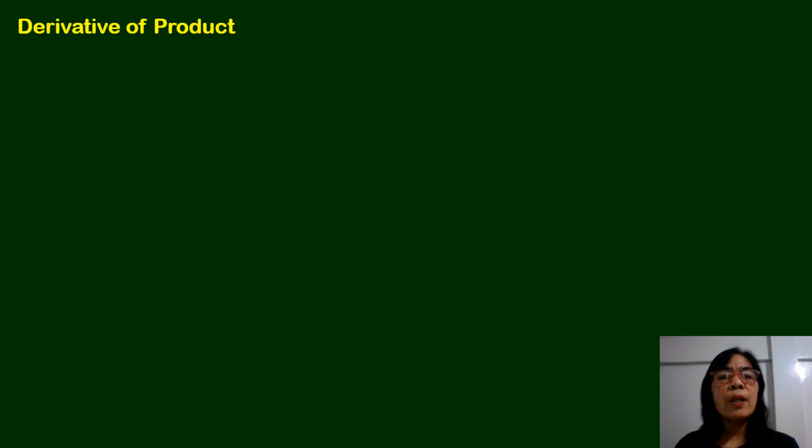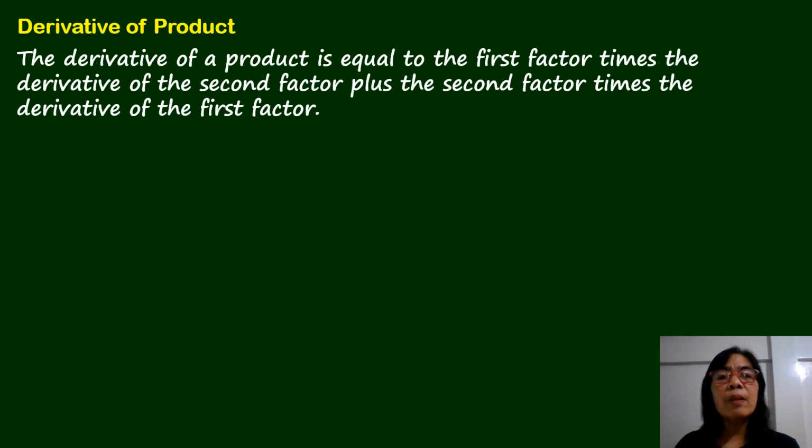The next formula is the derivative of product. When we say product, that means we are multiplying functions. So we recite the formula as the derivative of a product is equal to the first factor times the derivative of the second factor plus the second factor times the derivative of the first factor.